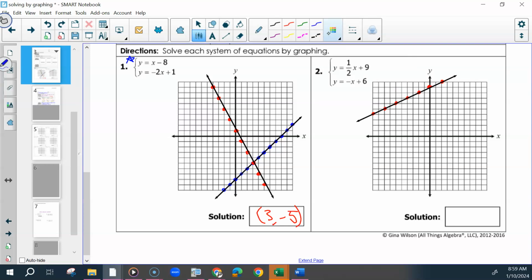For the second one, start at +6. Slope is -1, so down 1, right 1 as many times as possible. Up 1, left 1 as many times as possible. Draw that line.